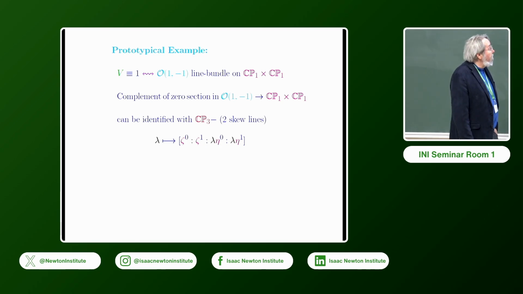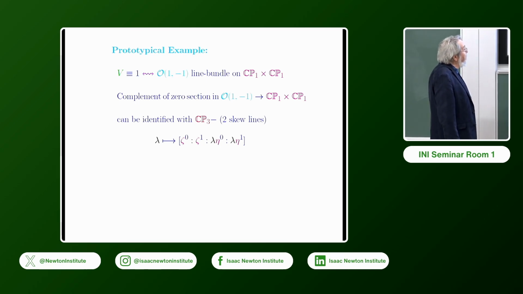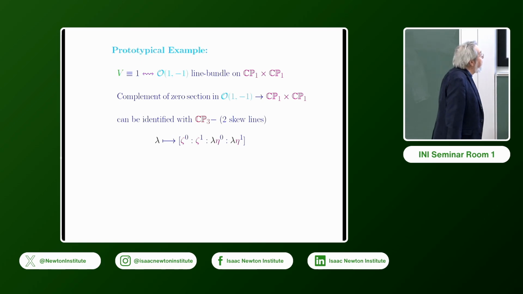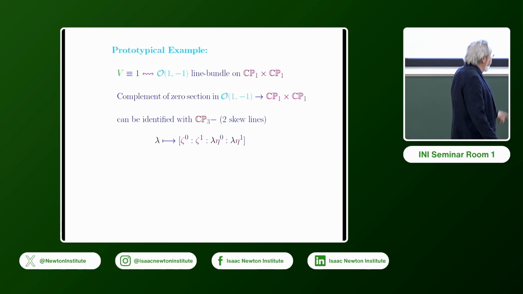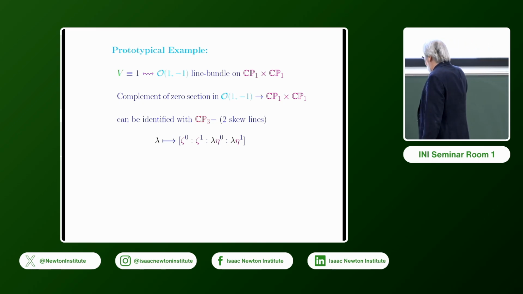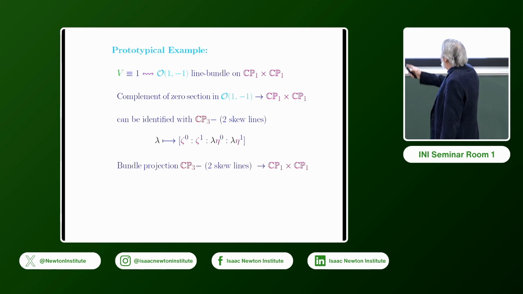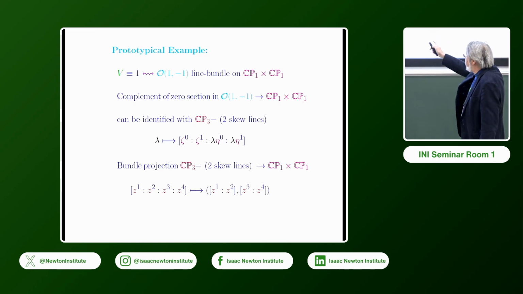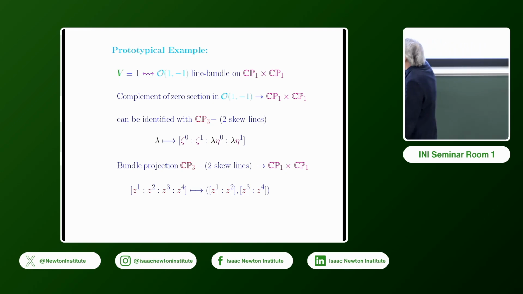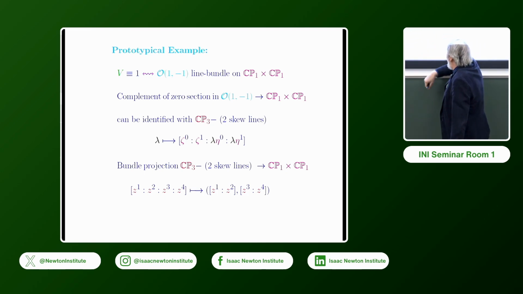So in terms of homogeneous coordinates, the point is that O(1,-1) actually acts on, so if you think of there being a projection from CP3 minus 2 skew lines to CP1 times CP1, where the lines you're throwing out would be where these are both 0, or where those are both 0. That's a pair of lines you're throwing out.